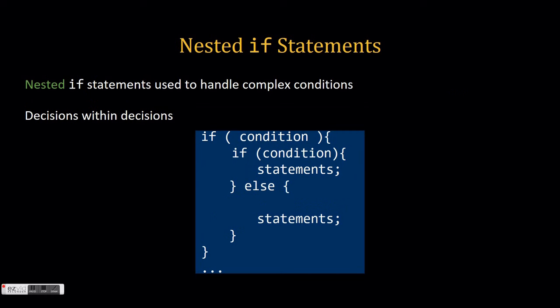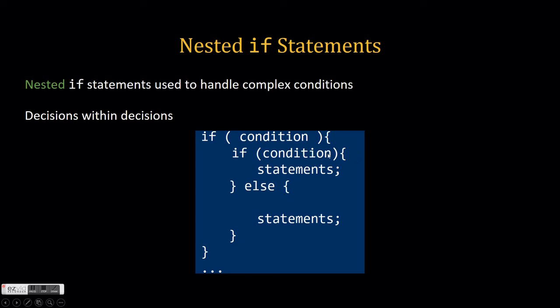Now, if you have complex conditions that you want to handle, or you want to have decisions within decisions, then you use the nested if statements. Okay, so this if statement here. So you're saying if this one is true, then go inside and execute this one. And if this one is true, then go inside and execute this one.